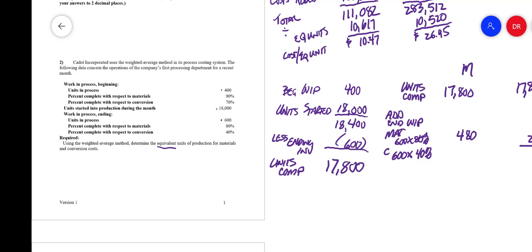So our equivalent units for materials will be 18,280, and the equivalent units for conversion will be 18,040. So this is equivalent units, and that's what they're looking for here.